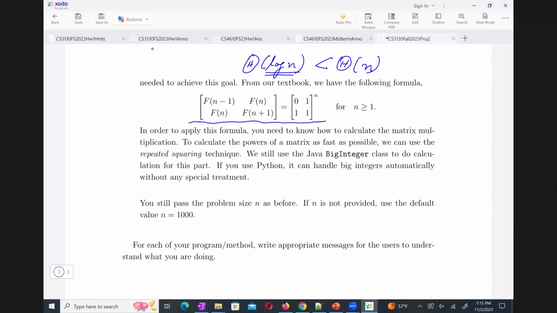I don't know who discovered it, probably more than 100 years ago. But we can prove it easily. But the one who discovered it, that's huge. Using this formula, we can calculate the Fibonacci number in big theta of log n. Much faster.